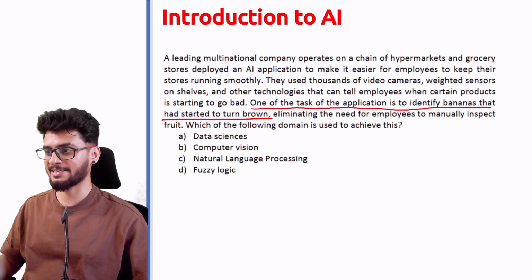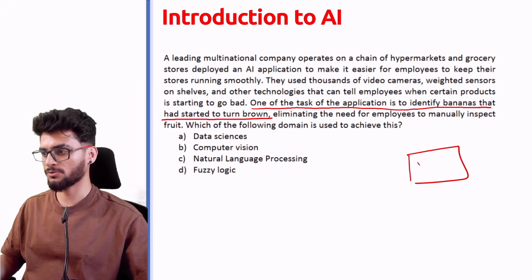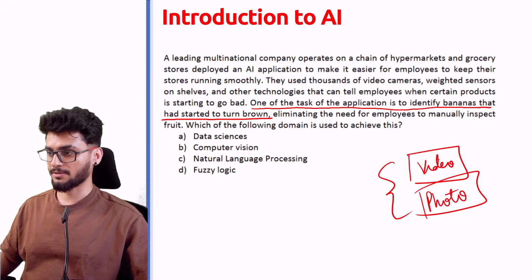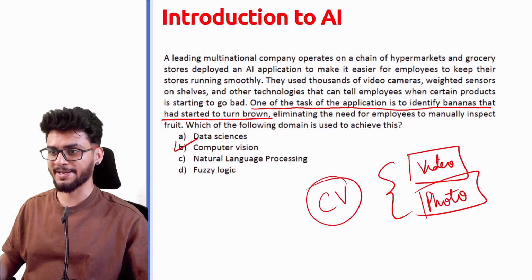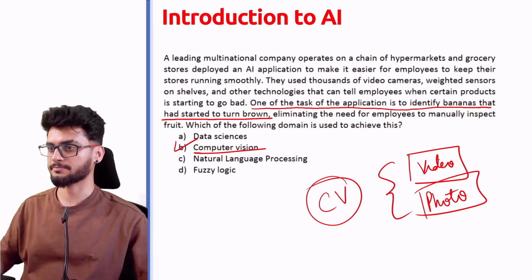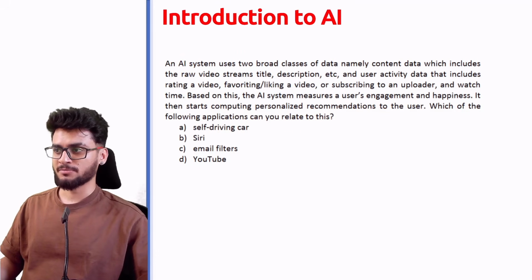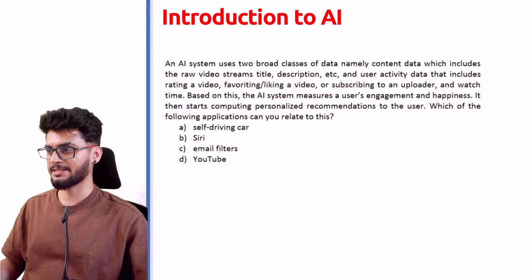So first of all, you can think अगर कोई banana brown turn हो रहा है, obviously you need a video or a photo, right? So when we talk about this, what AI part we refer to it as computer vision, or AI domain is computer vision. Again, a big question. You can just pause the video and read the entire question. I'll just read between the lines.